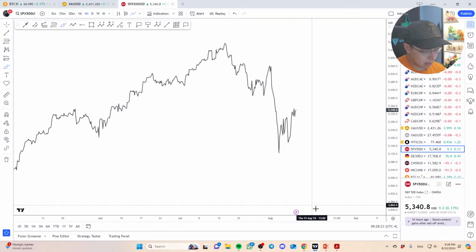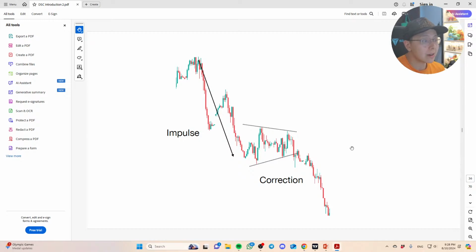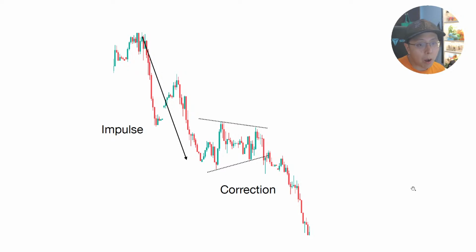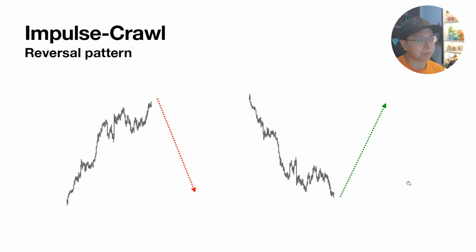Alright, so that's one pattern. This is what we call an impulse correction combination. When you see this on the chart, direction bias is clear. Now, the other pattern you want to be familiar with is the crawl. So what's a crawl pattern? If you look at this combination, initially the price went up fast with momentum.